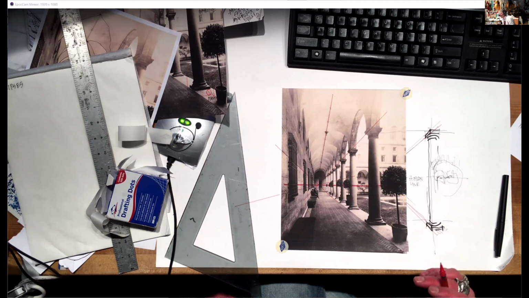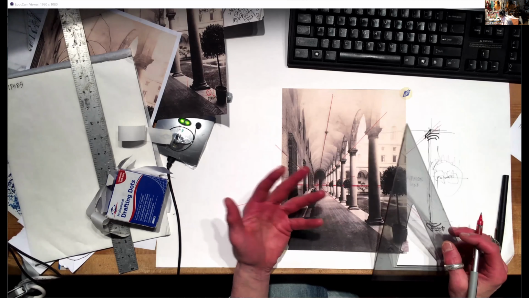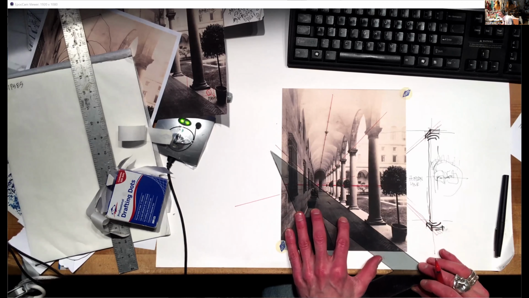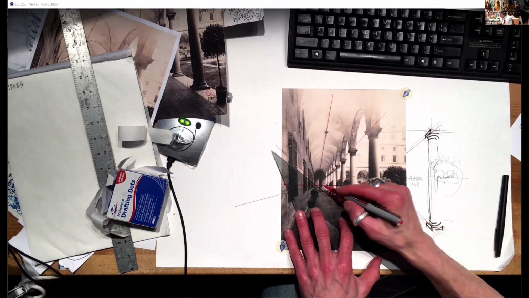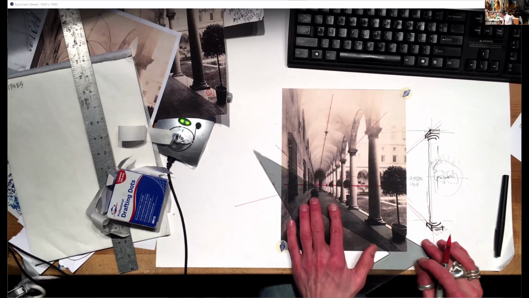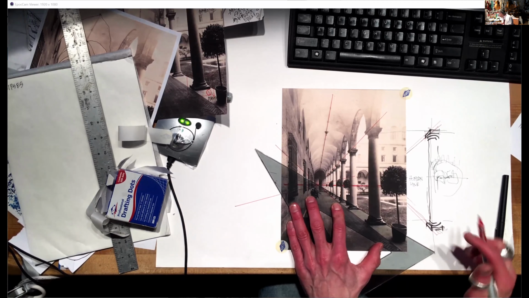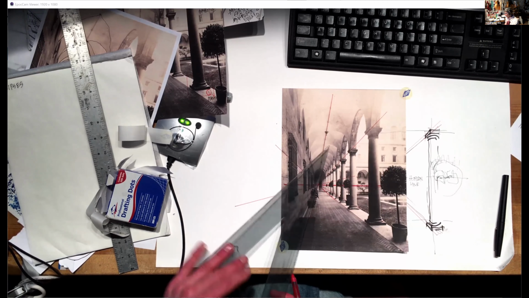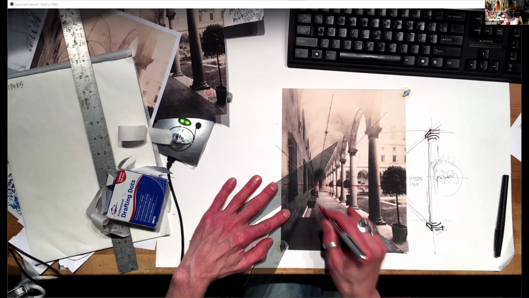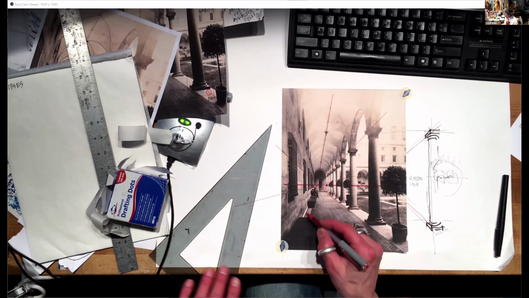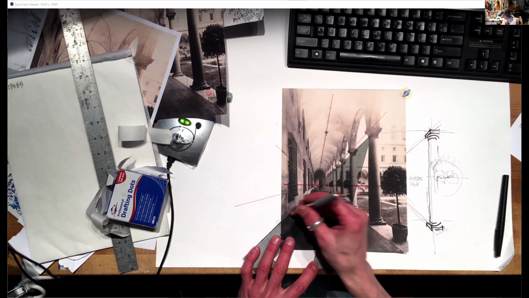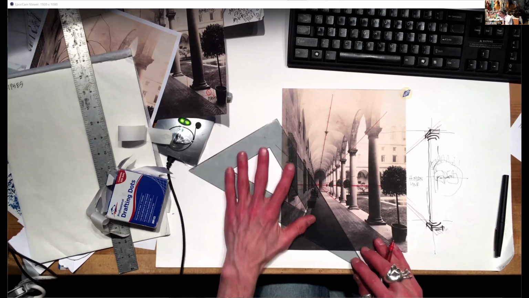So what other lines are obvious? Once you start laying down lines, it becomes easy because you start to recognize, oh yeah, there's this, there's that. Even though I can't see the whole thing, right? There's this, whatever that is. There's that. There's some lines up here.